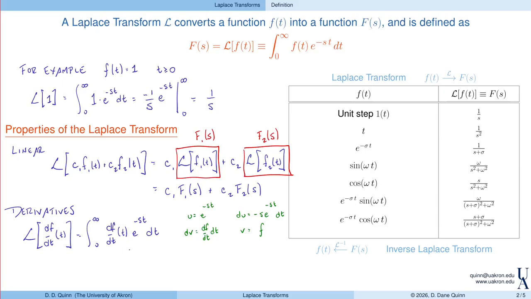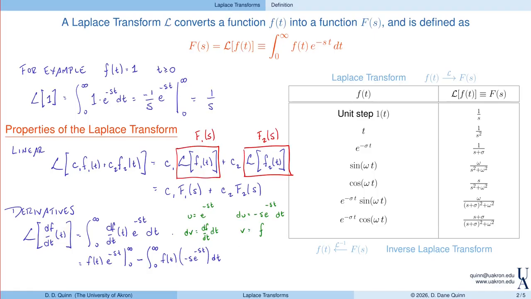Now, using integration by parts, this becomes vu, which is f of t times e to the minus st, evaluated at the limits 0 to infinity, minus the integral of v du, 0 to infinity, f of t times minus s e to the minus st dt.